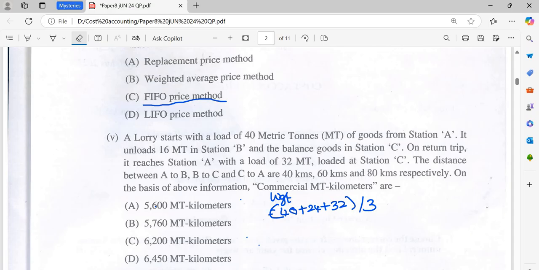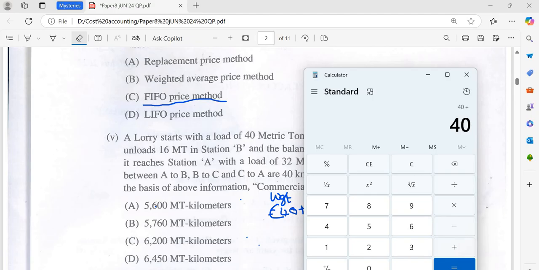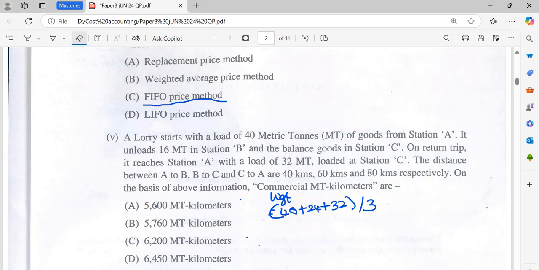So 40 plus 24 plus 32 divided by 3. Average weight is 32. Weight into kilometers. Now I have how many kilometers: from A to B it is 40 kilometers, plus B to C it is 60, and again C to A it is 80 kilometers.